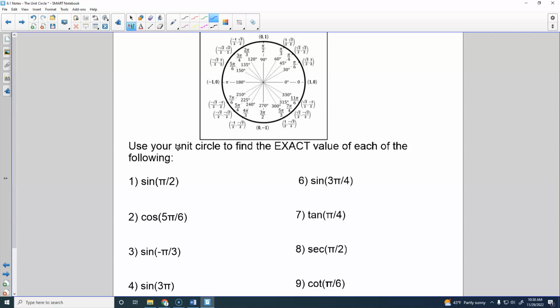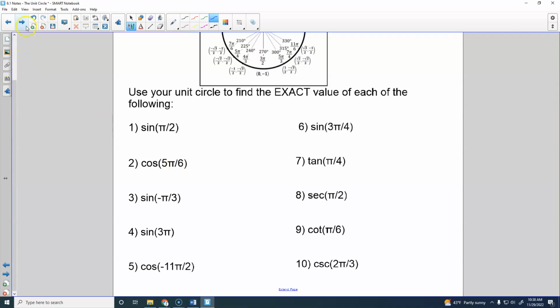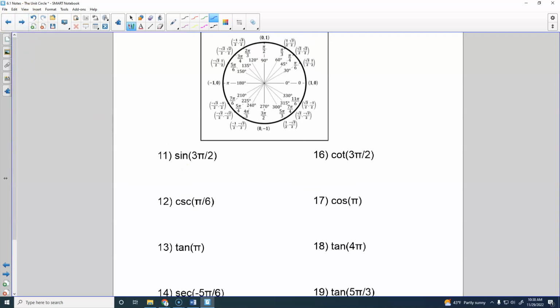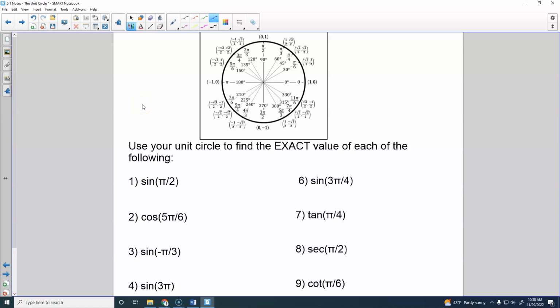Okay, all right, let's look at how to use the unit circle. On these, I did all radian values on the ones we're going to practice right now. When you get to your homework, it's going to have some degrees, but in general, I find students are usually really good with degrees and need practice on the radians.